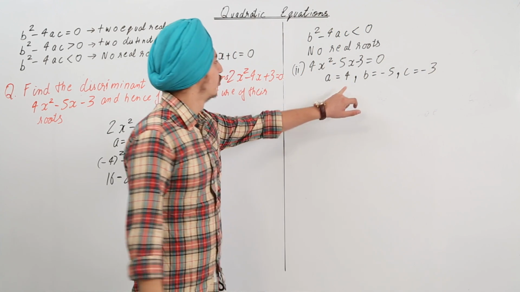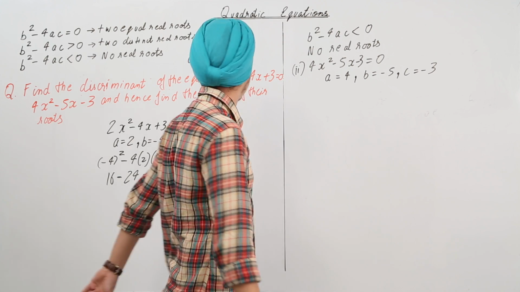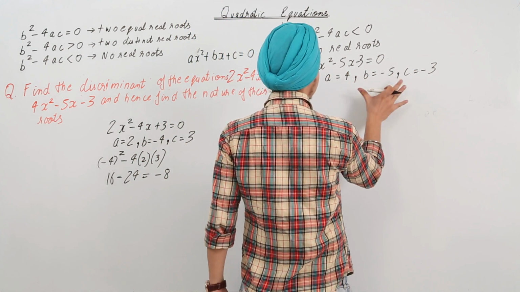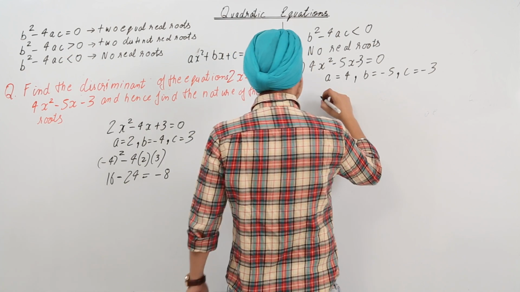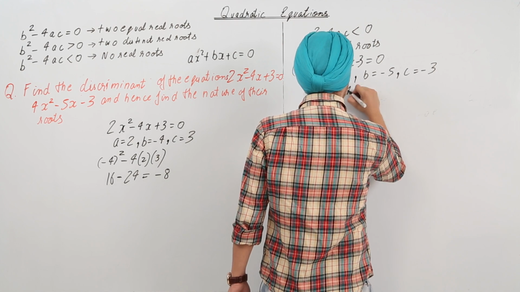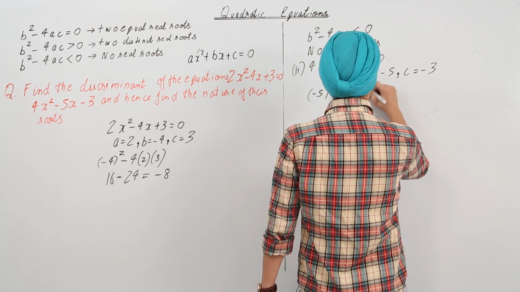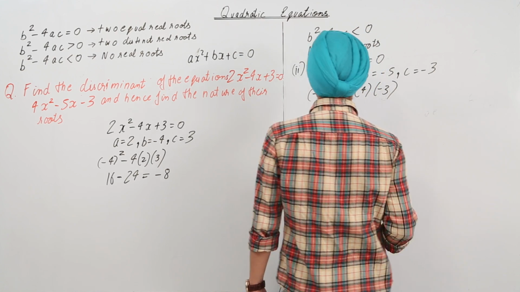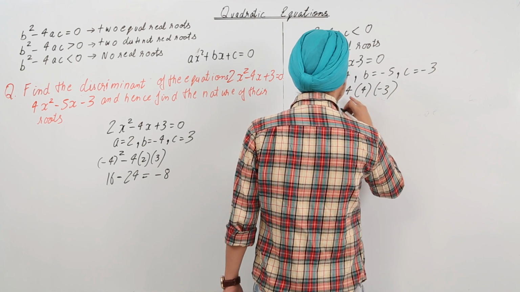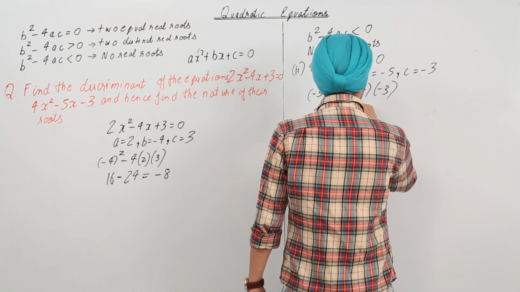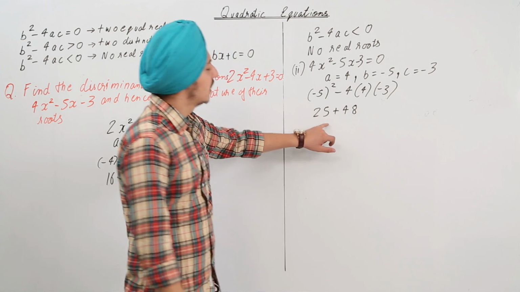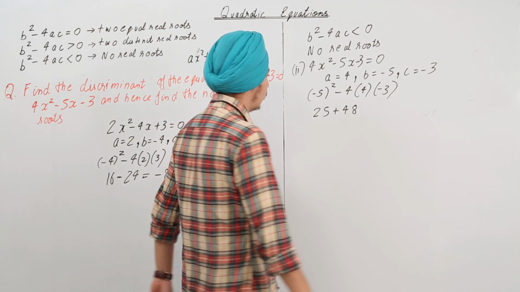So if a is equal to 4, b is equal to minus 5 and c is equal to minus 3, we put these values in b square minus 4ac, we get minus 5 square minus 4 into a is 4 and c is minus 3. So we get 25 plus 16 into 3 is 48.